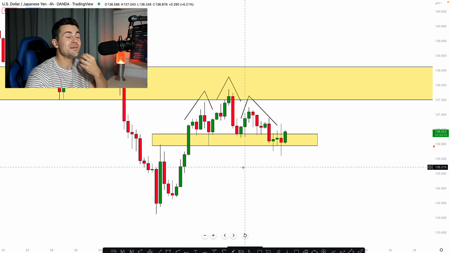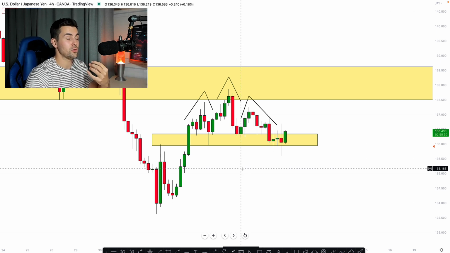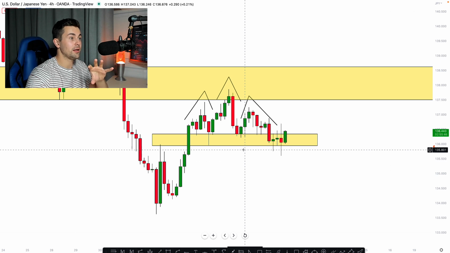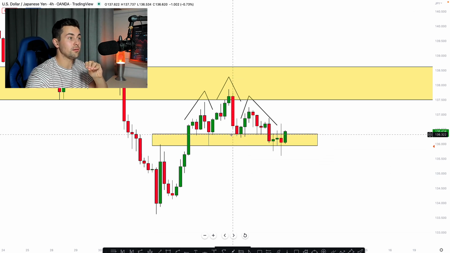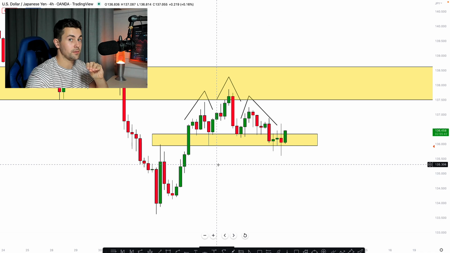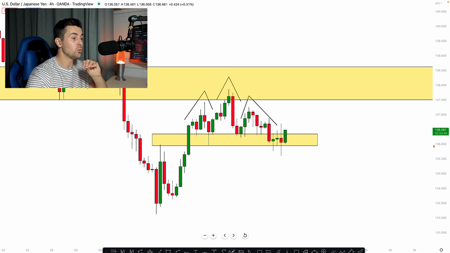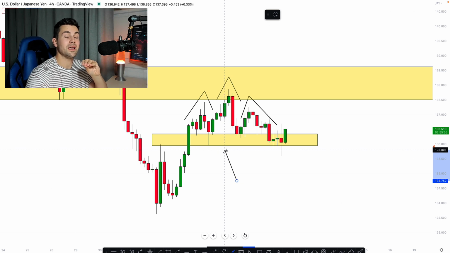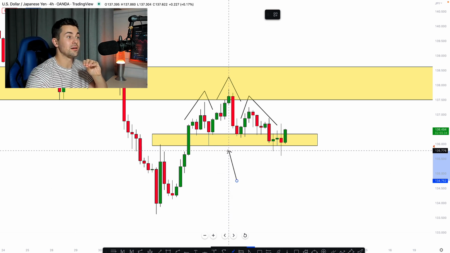And here, what I also wanted to show you is the neckline, because trading the head and shoulders pattern, the most complicated thing in my view is to correctly draw the neckline. When you are drawing the neckline, you should consider the lowest wick, right? And you should consider the candle closes.